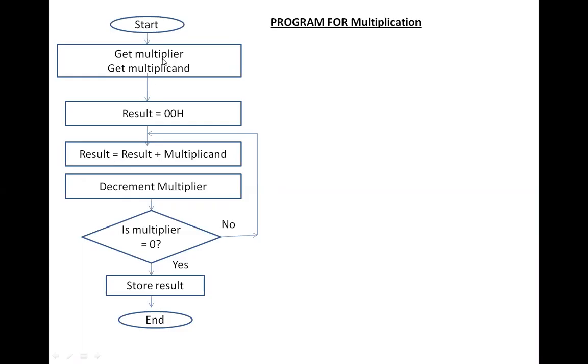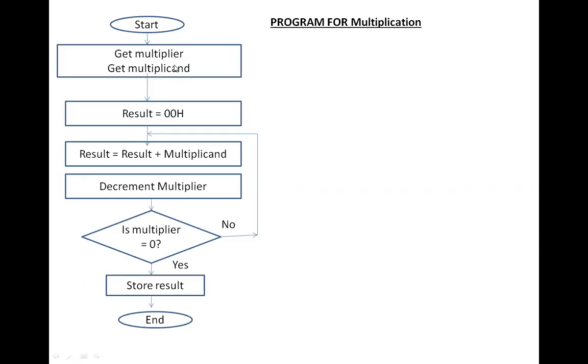And then we decrement the multiplier. Now try to understand the problem. We have the multiplicand as 6 and suppose the multiplier is 4. So we have to add 6 four times, and the result will be 6 into 4.